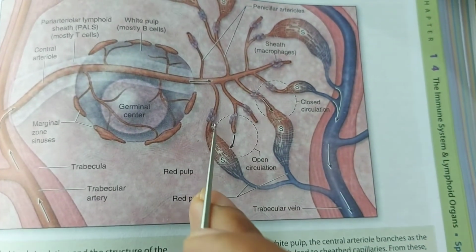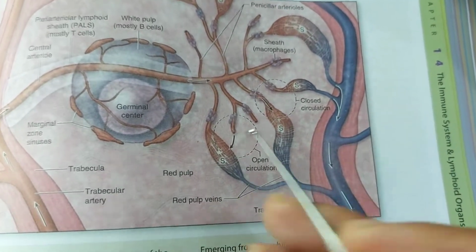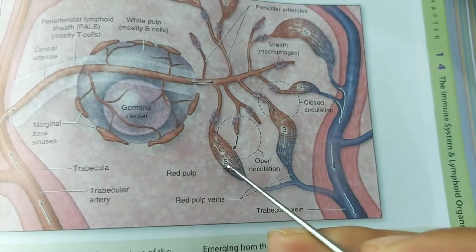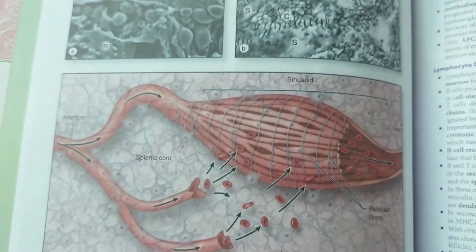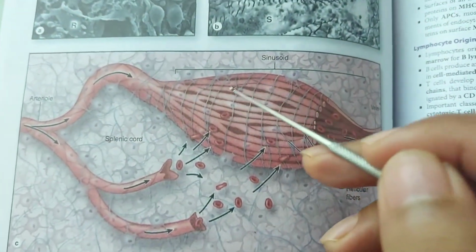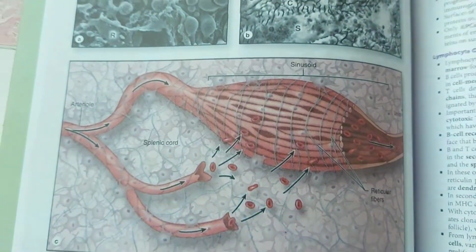Here we see some capillaries in this red pulp area are open, and some capillaries are continuous with the sinusoids. Here we see the magnified view of this area. This is the splenic sinusoid, and here is the arteriole. This is the capillary.